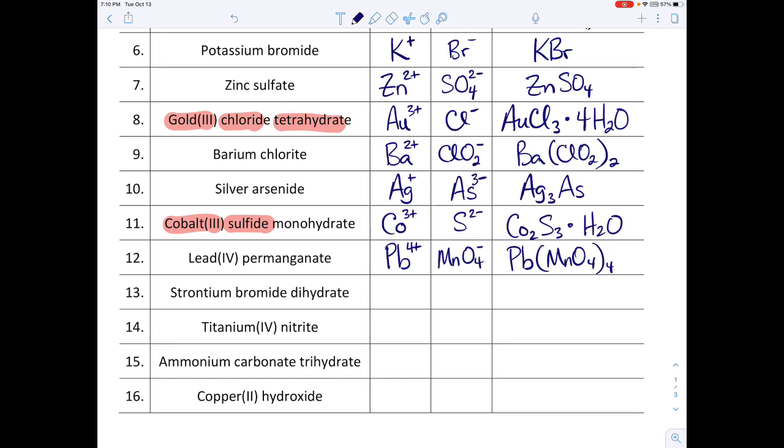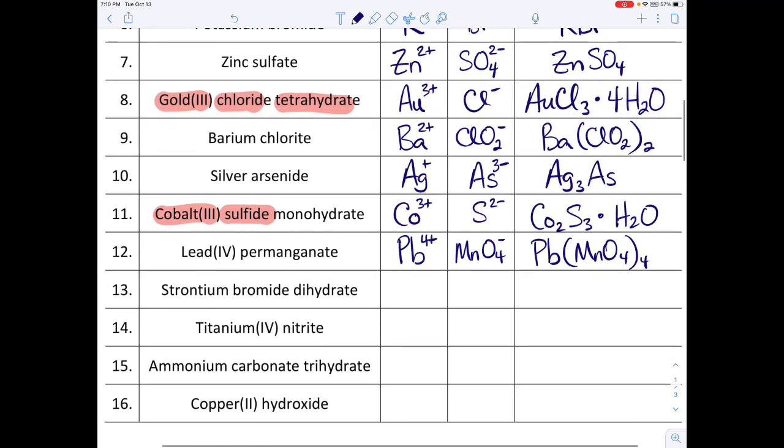Strontium bromide dihydrate. Let's leave the dihydrate till the end. Strontium is an alkaline earth metal. Sr with a charge of 2 positive, like all of the alkaline earths. Bromide is a halogen, same family as chloride and iodide and fluoride, so its charge is 1 minus.